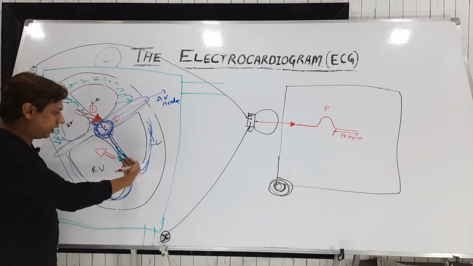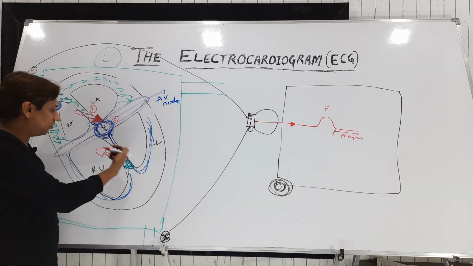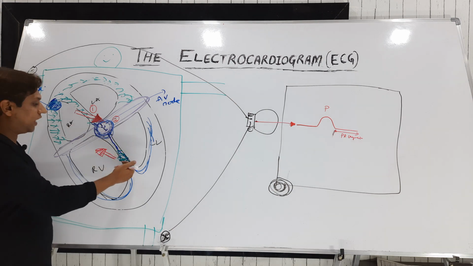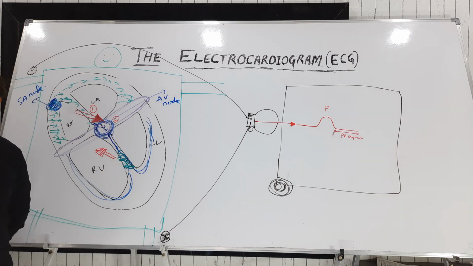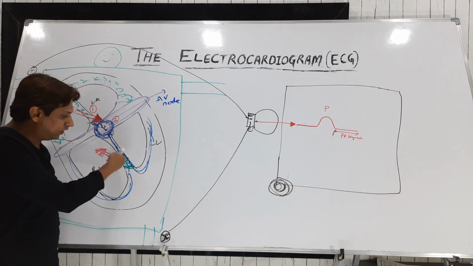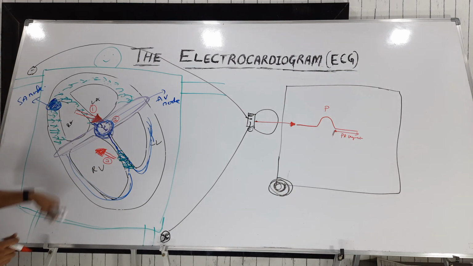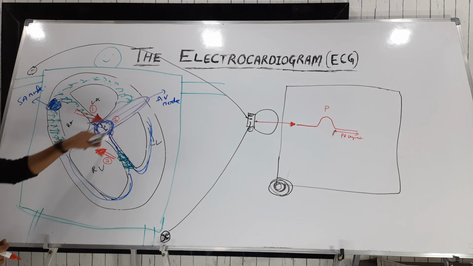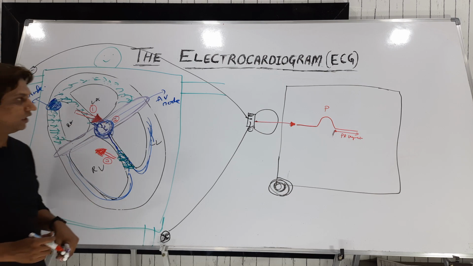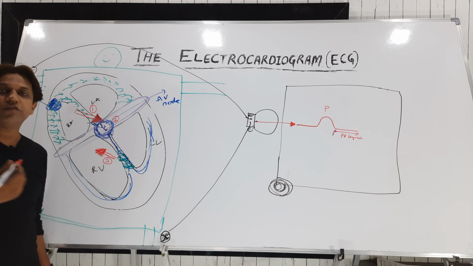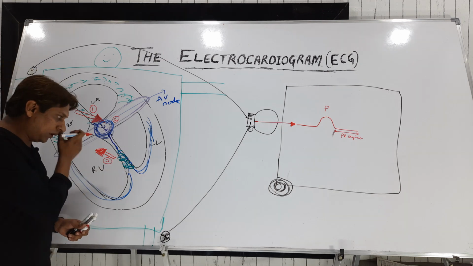The direction of the current is upwards and towards the right, because the left branch is stimulated first and passes the depolarization current. This is the third electrical event. First was atrial depolarization, second was passing through the AV node, and third is the depolarization of the interventricular septum.